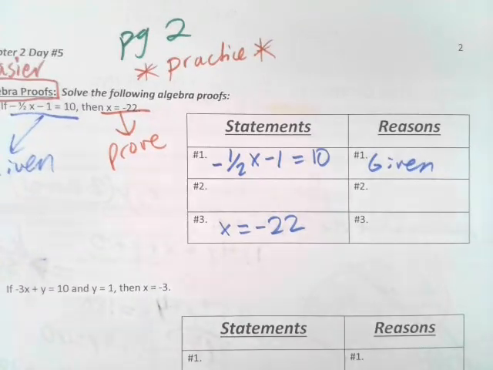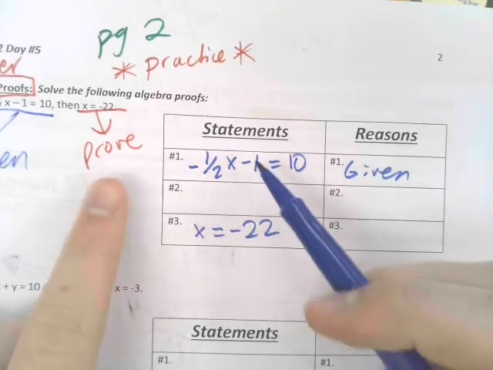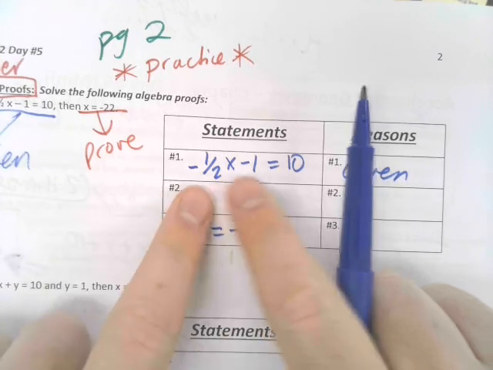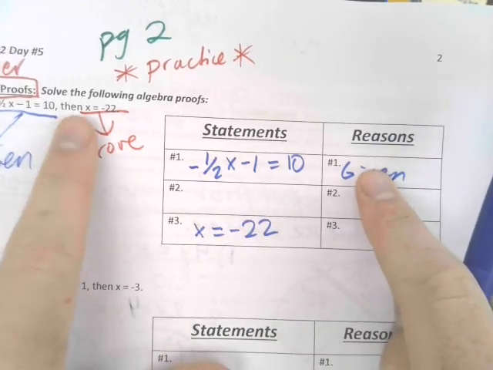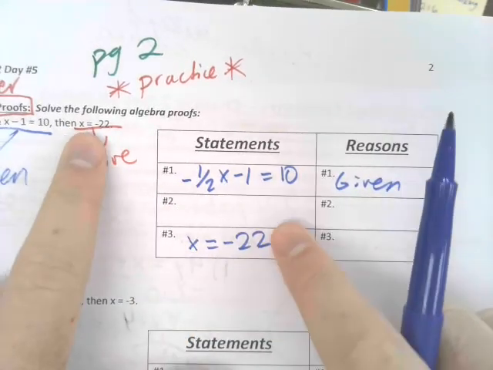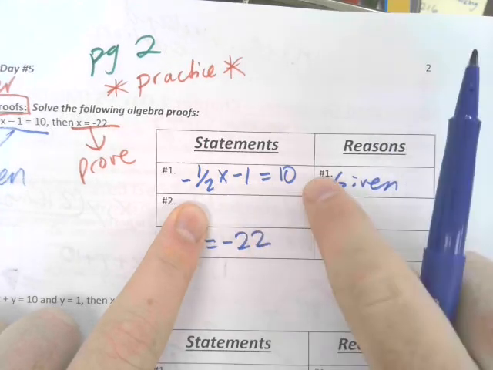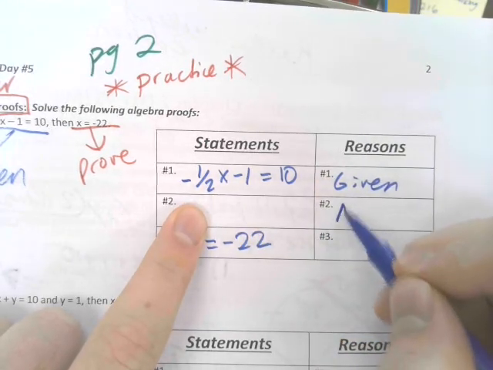So if you want, we'll do one together, and then I'm going to let you guys take it home. So on number 1, we've got our setup that's given. What can we do to solve and figure out that x is negative 22? How about, couldn't we add 1 over? Yes, we could.